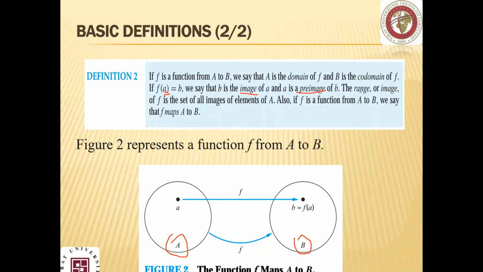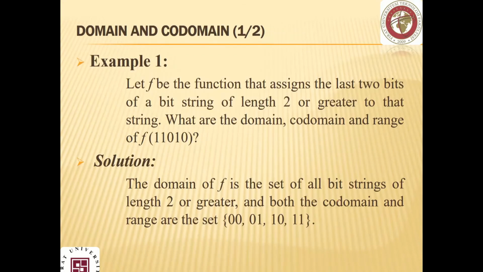Sometimes we call the image the range of f, which is the set of all elements produced from A. Now, the transformation from A to B is exactly as I said earlier: f maps A to B. We have a whole set A, we apply a function, and we get another set B. It's the operation the function does on A.